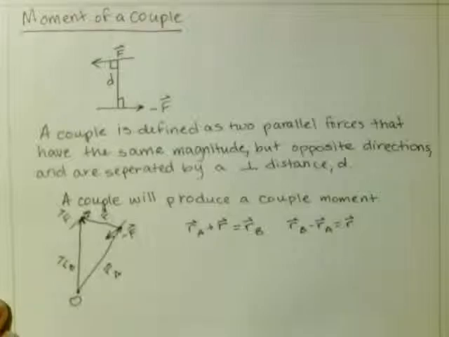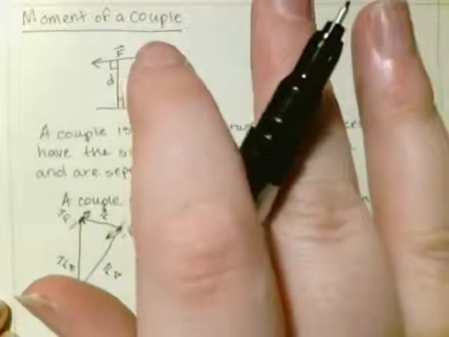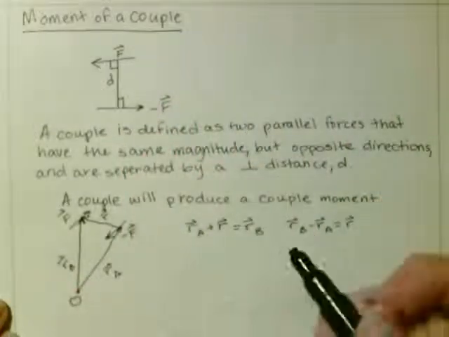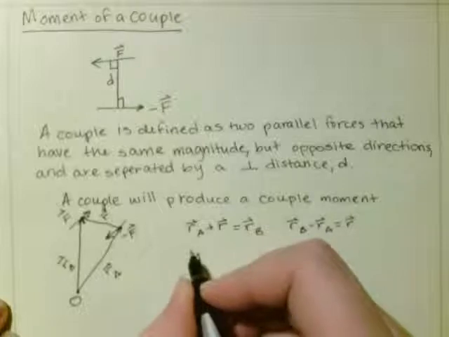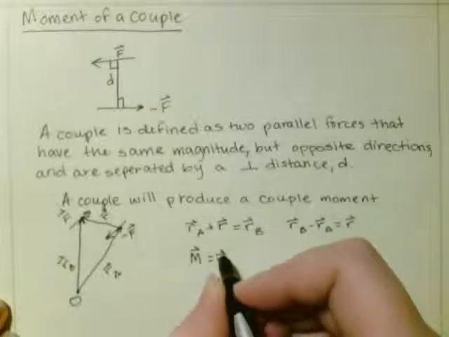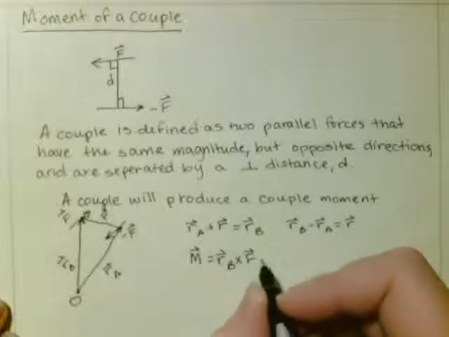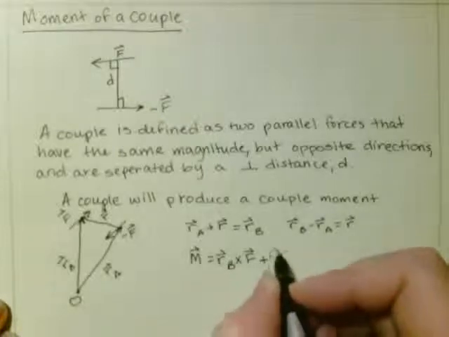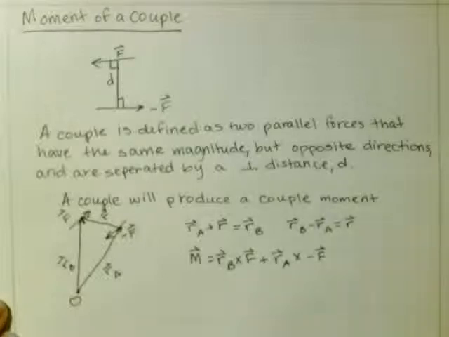Okay? So if we're trying to find the moment of these two forces, we would do M is equal to RB cross F plus RA cross negative F. Okay?